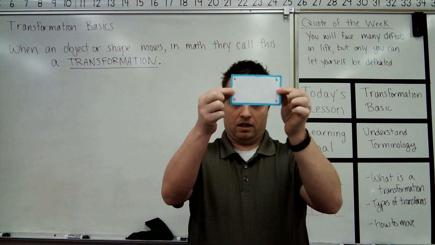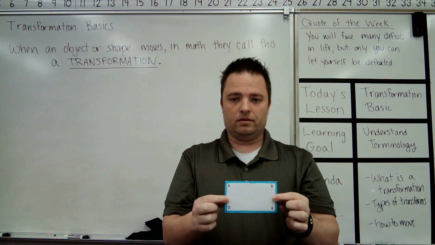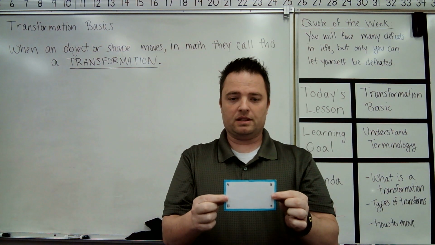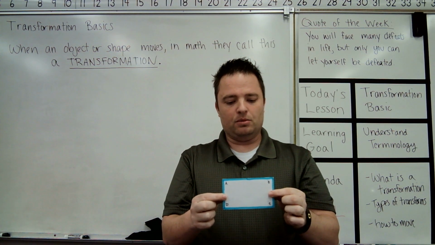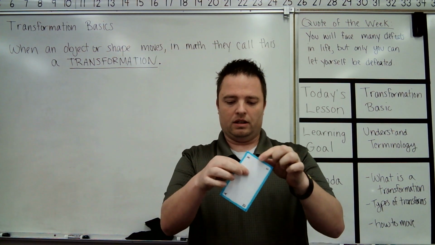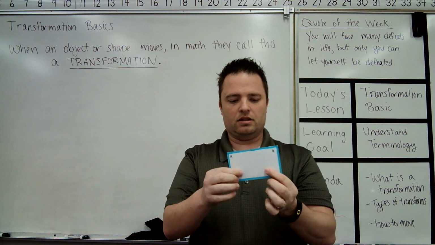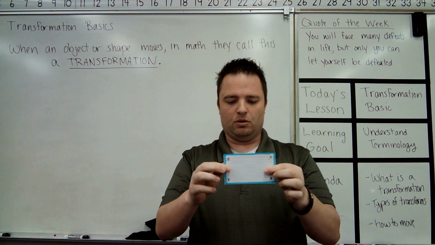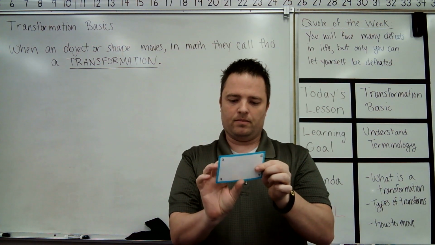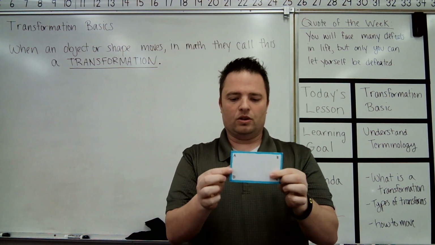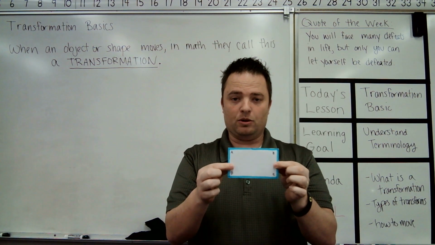Could it move up? Or could it move down? Okay, that is a type of movement. It could move, I don't know, in this direction. It could move in this direction. I suppose it could move like this. Okay. So there's lots of different ways to make this move.